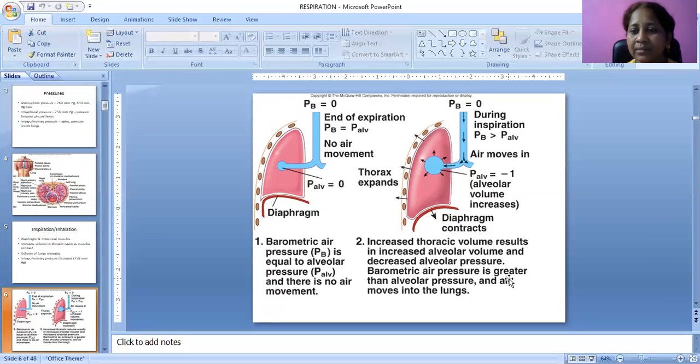Barometric pressure is greater than alveolar pressure and air moves into the lungs. Due to this pressure difference, air goes into the lungs.